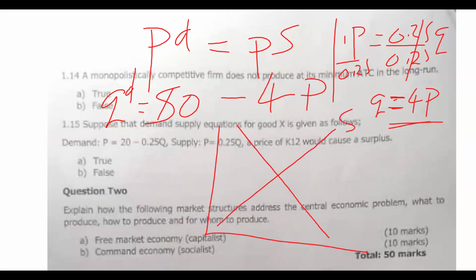The equilibrium price being what? We found 10. And then the equilibrium quantity, 40.